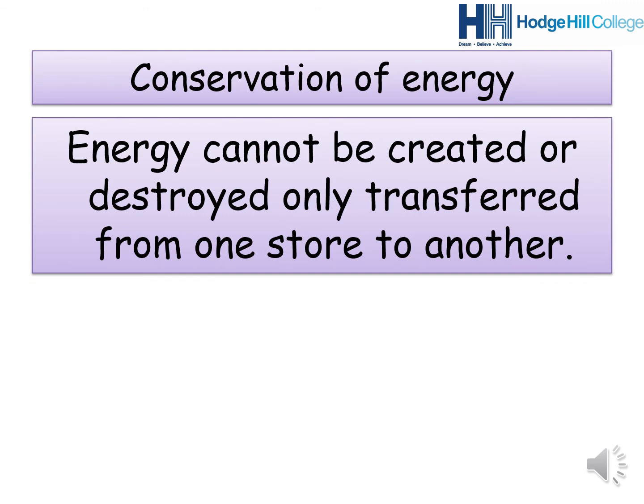Okay, guys, so the final thing we're going to look at today is conservation of energy, and how both kinetic energy and gravitational potential energy are linked. So essentially, as we've looked at previously, energy is not created or destroyed. All that is happening is that energy is being moved from one store to another.